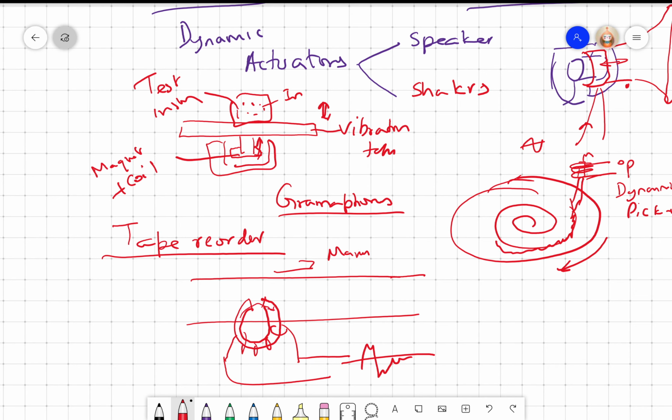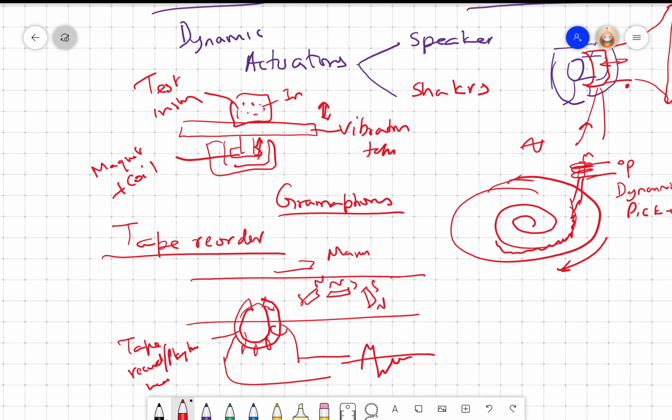The magnetic field created by this is called the tape head, tape record playback. So it records magnets north south here, north south here, north south here, and so on. So small magnets are recorded on the tape, and you wind the tape and again move it across the head, you get back the signal.